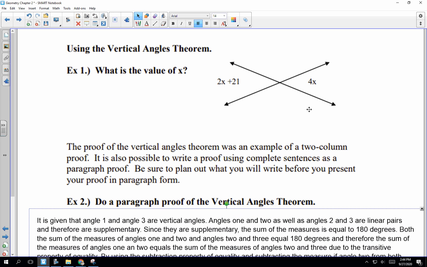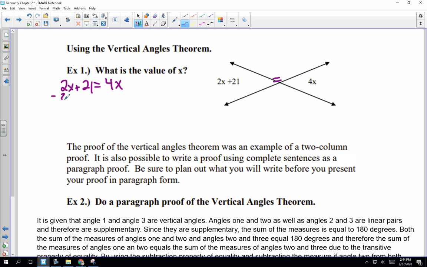All right, so let's see it in action. This is how you are going to run into it in the wild. What is the value of x? We have 2x plus 21 and we have 4x. They are vertical angles, so they are going to be equal. So I'm going to set it up as an equation: 2x plus 21 equals 4x.